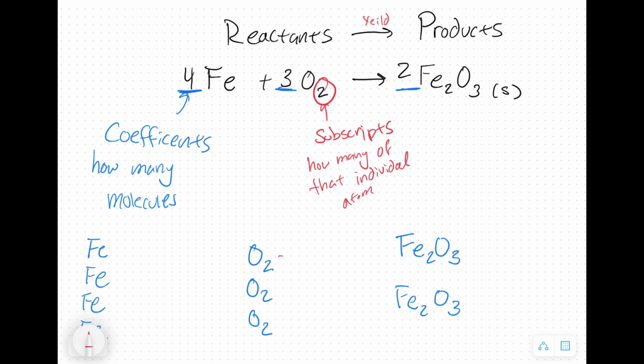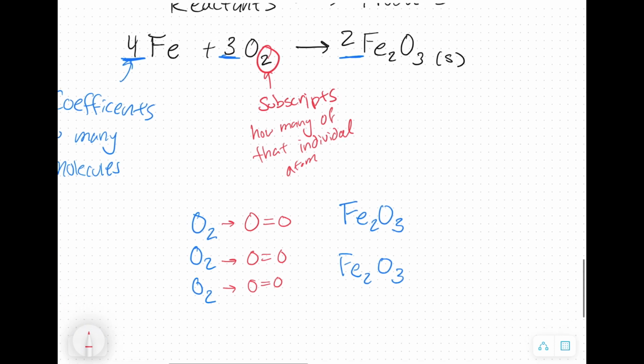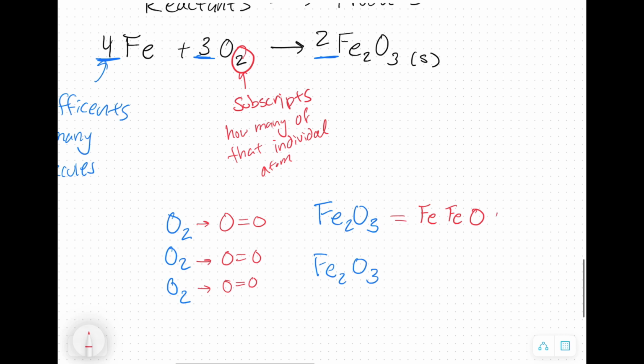So that 2 touching the O2 means I have 2 oxygens bonded together. When I look at this Fe2O3, that means I have 2 Fe's and then 3 O's.